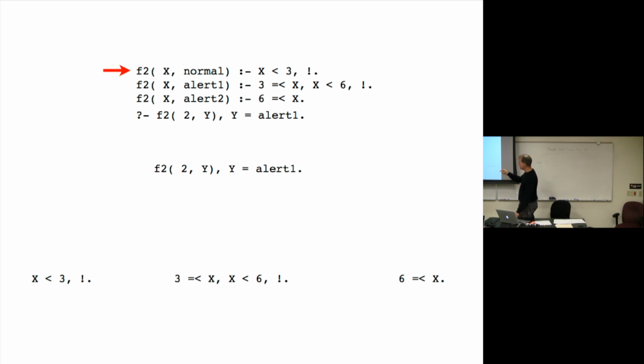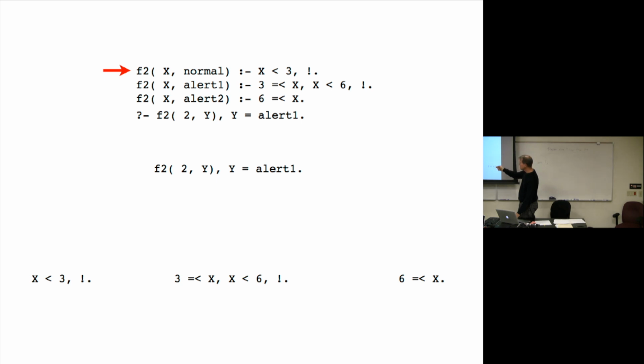Now check this out. So first of all, we're going to assume that we do our same query, F2 of 2 comma y, and then y matches alert 1, right? So first thing we do is x. X is what? The word I've always been using, though I haven't actually been explaining it, is instantiated. Remember that?